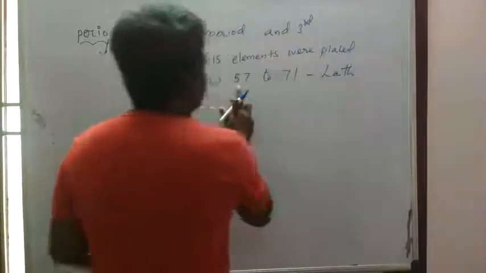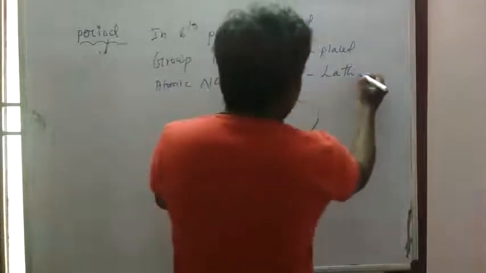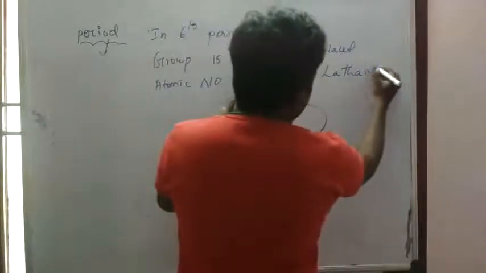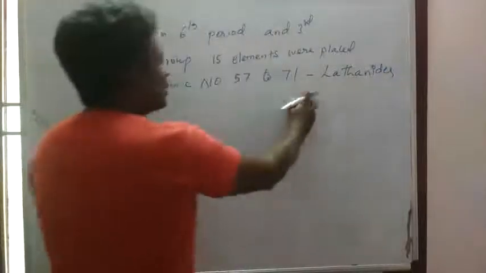These 15 elements are called lanthanides.